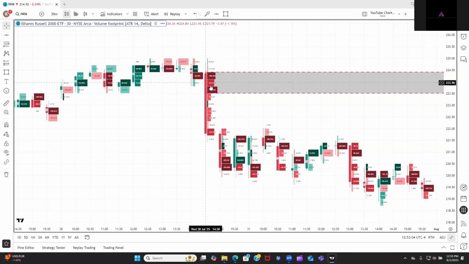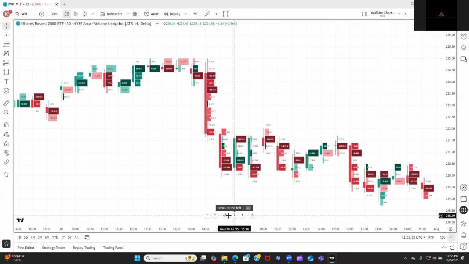And then even more selling happening here, 223.81 to roughly 223.53. So now not only do we see the candles that represent open, high, close, and low, we also get to pull the curtain back, open the door to see exactly what happened in that candle and where the pressure was to either buy or sell. Okay.